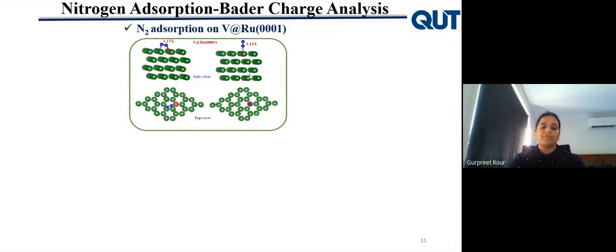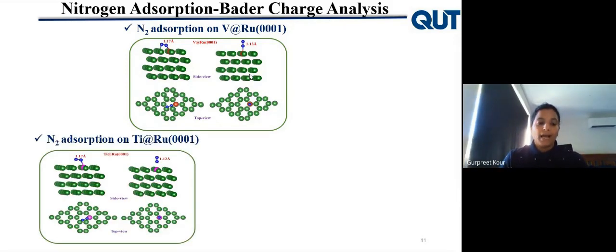So that means there is an active adsorption of nitrogen on the surface of vanadium. Similarly, we calculated the energy for nitrogen adsorption on titanium-doped ruthenium 001, and they have quite similar results to those of vanadium doped ruthenium 001.